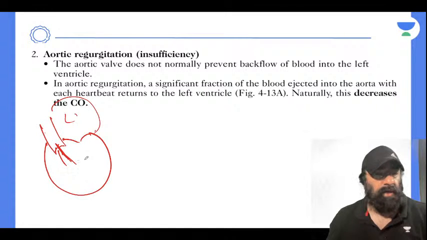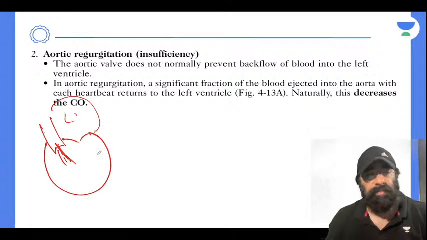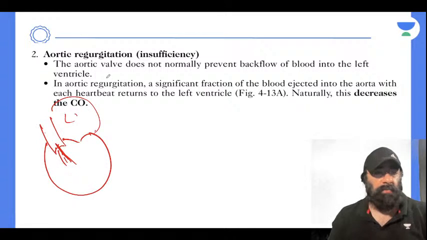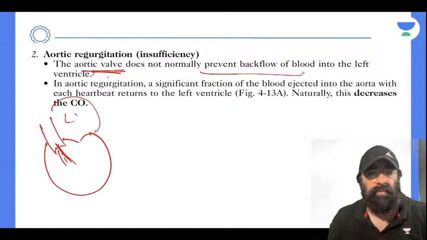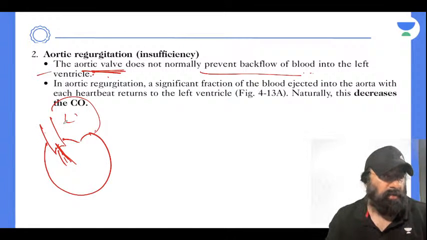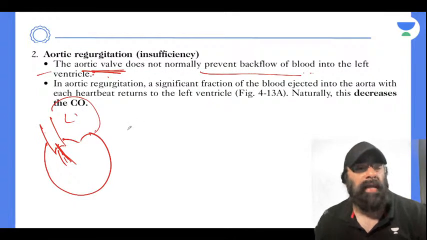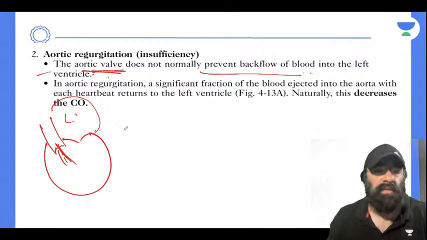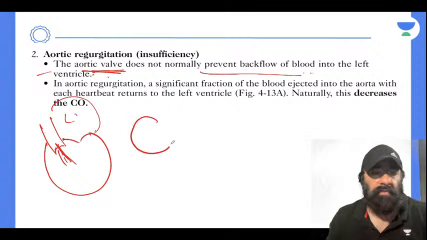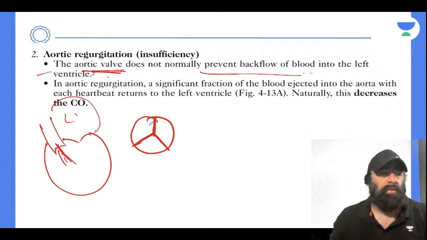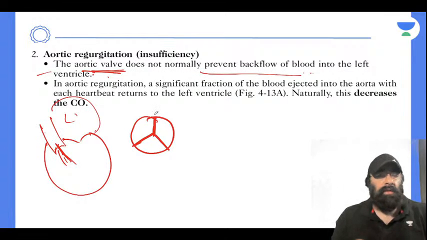The main function of this valve is to prevent the backflow of blood into the left ventricle, but this is not being done, either because there is some change in the structure of the valve. In the aortic valve, as we know, there are three cusps, and the three cusps normally seal the door properly so that the blood does not leak.